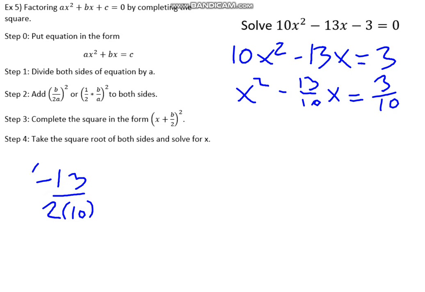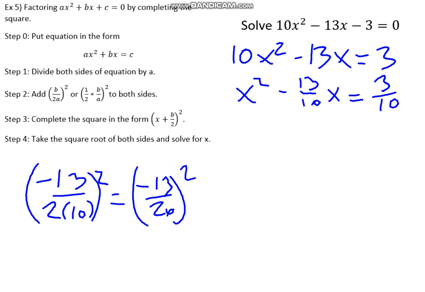So I have negative 13 over 20 squared. If I square this, I end up with 169 over 400. So I'm going to add that to both sides of the equation.